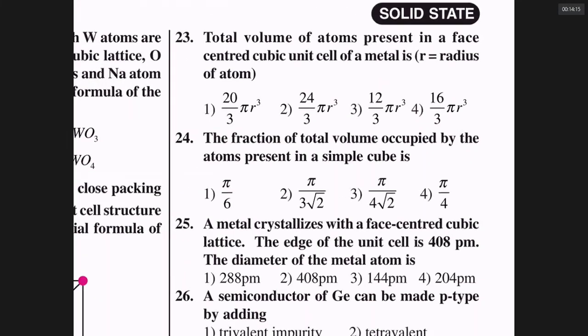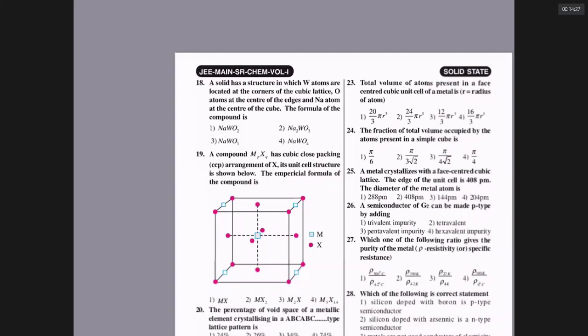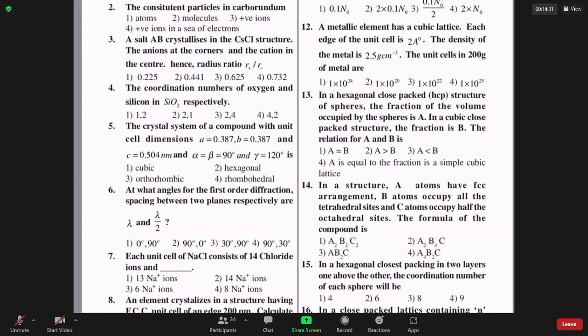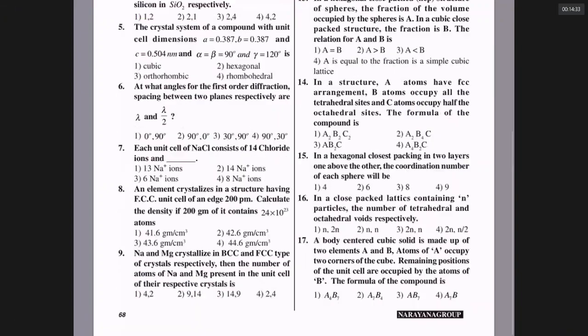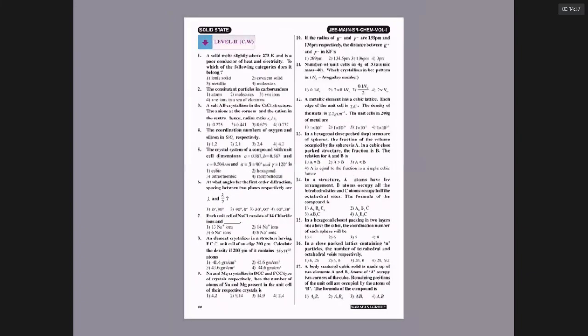Only some questions you can do. Question number 23 and 24 you can probably do. Whatever you can do up to 69, definitely you can do some questions. If you prepare the syllabus up to 69 very well, then you have done a good job.